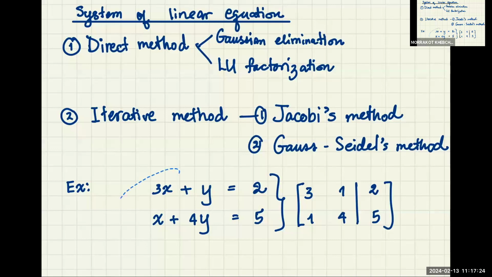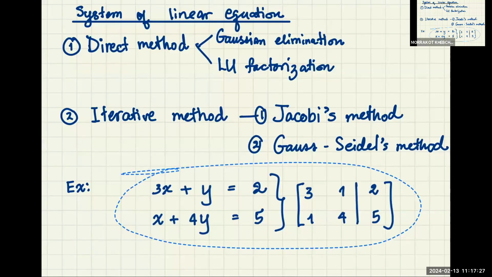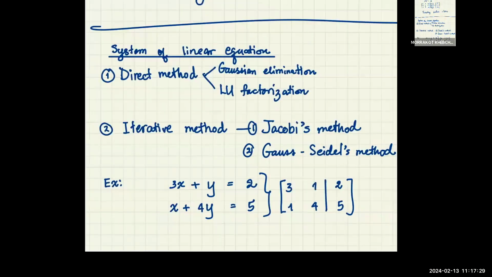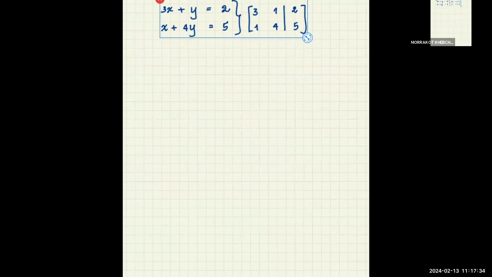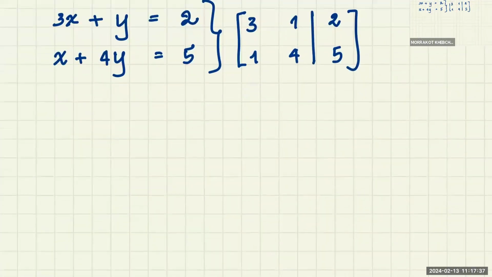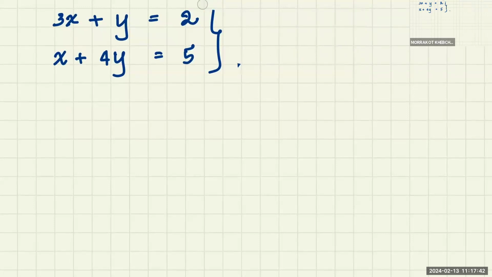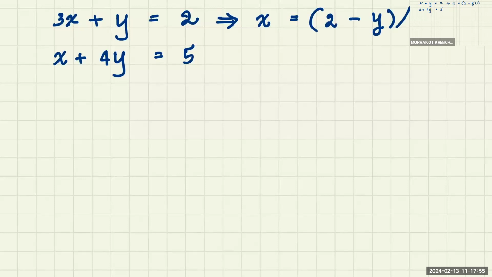So I will rewrite it. I will take the first equation and solve for x. I use the first equation and get x equal to 2 minus y, all divided by 3. And for the second equation, I solve for y.